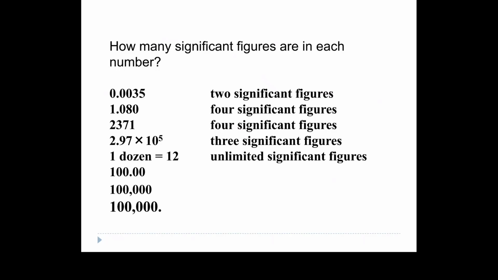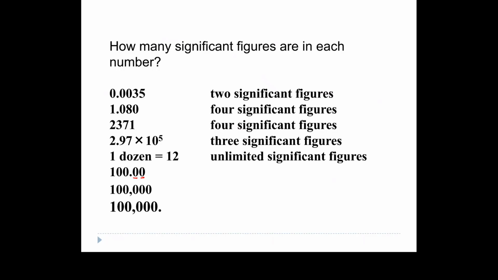All right, how about 100.00? How many? 5? 3? So let's see if we can define the types of zeros that we have. We know the 1 is going to be significant. Do you agree with that? All right, so what about these zeros here? Do they count? Why do they count?